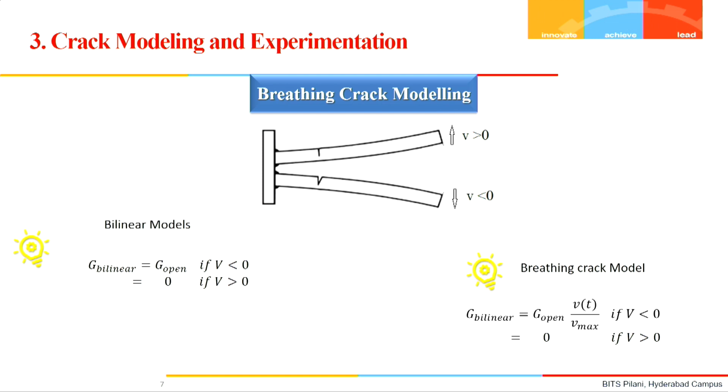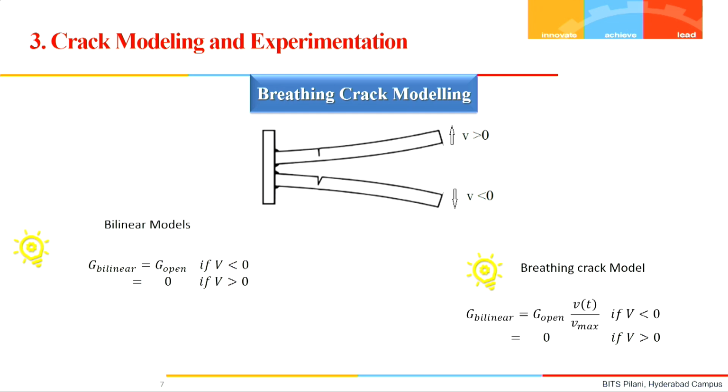And in the other half cycle of the vibration, this crack will remain completely open. That is what the bilinear crack modeling means. So whatever flexibility expression we have obtained previously for the open crack modeling can be used for one half cycle of vibration, and for the other half cycle of vibration, it will be zero.